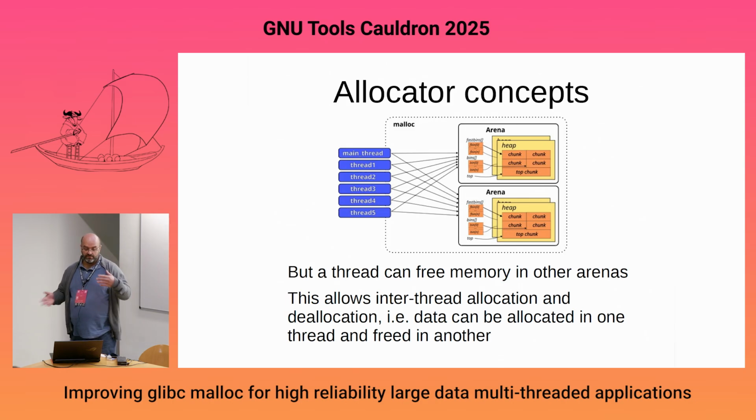So in that case, you might have a lot more contention because one thread is allocating and the other thread is freeing. Sorry, I'm a little bit lost now. So this allows the interchange of allocation. Yeah, so this creates the problem that you have even more contention than you initially expected, right?